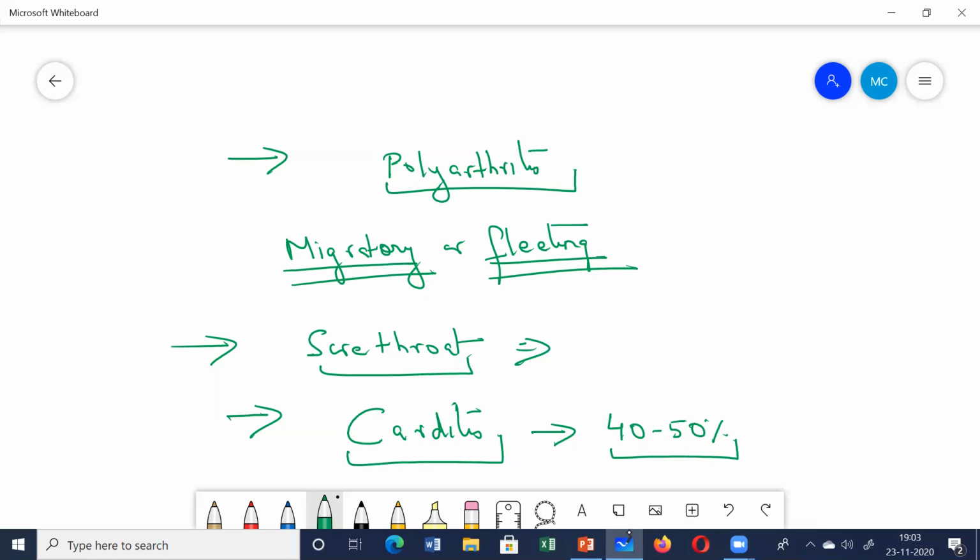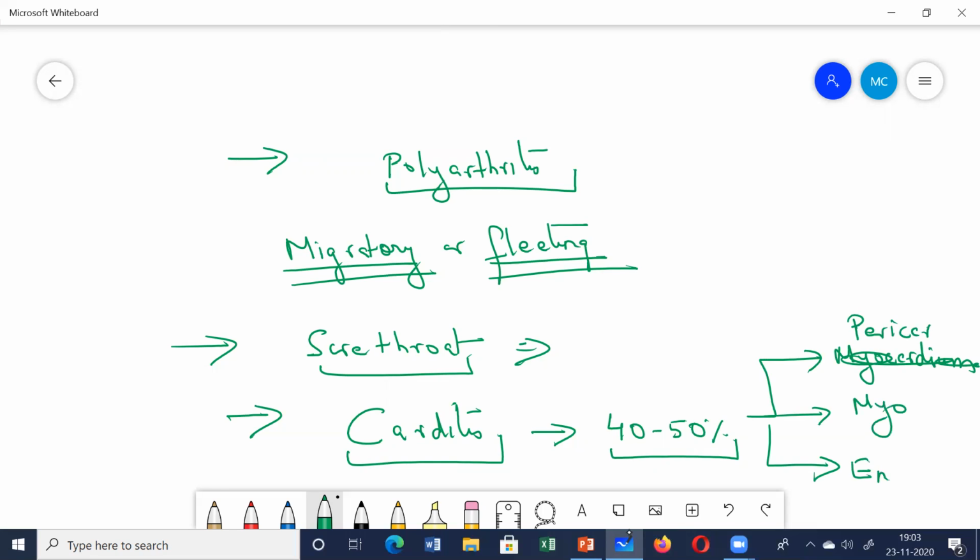And what are the features of carditis? In the heart, all the 3 layers can be involved. The pericardium can be involved. Okay, the myocardium can be involved, or the endocardium can be involved.